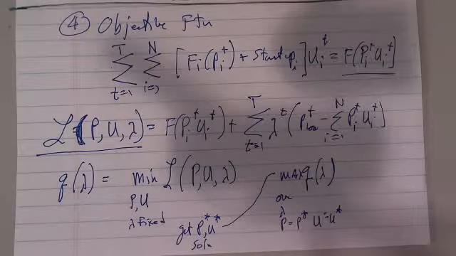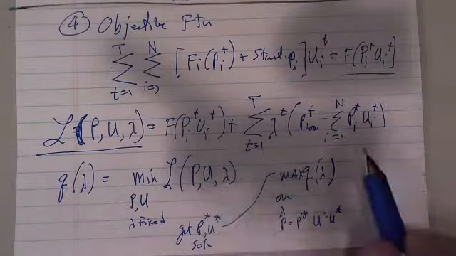Otherwise, you can just enumerate the solution. Then you can go and show that you can solve the problem with this Lagrange relaxation method. And that's a good one to go back to and look at when you get a little confused.